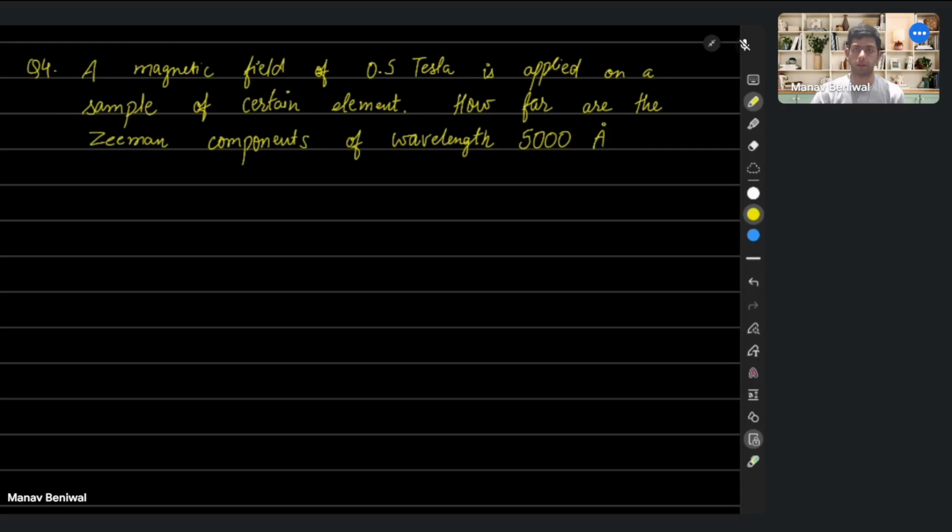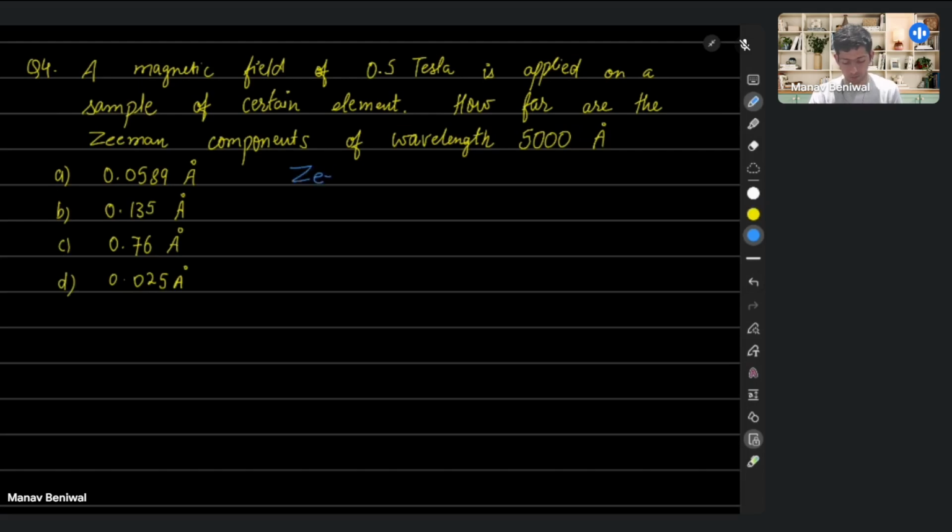So this is a question based on the Zeeman effect, and the question asks us about the Zeeman splitting, the amount of splitting that is happening, the separation between the split spectra. These are the options.